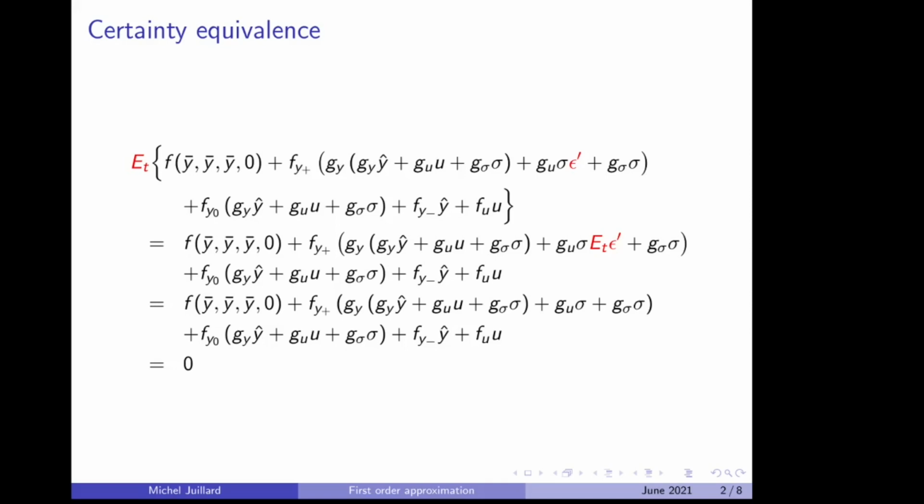Indeed, a linear or linearized model is characterized by certainty equivalence. Basically, in such a model, agents take the same decision whatever the amount of future uncertainty. Because the model is linear, and if we have symmetric shocks, they will just cancel out.